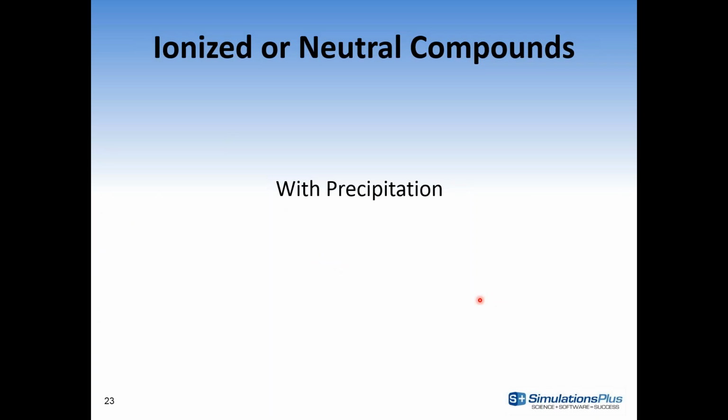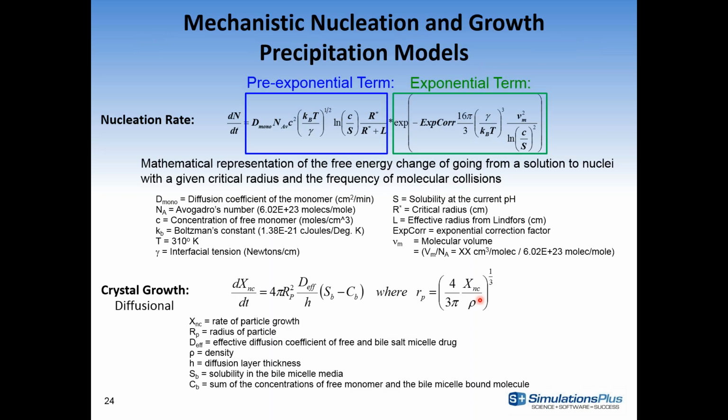So next we looked at one where it's going to precipitate and it's relevant to the in vivo situation. To do this, we're going to use the mechanistic nucleation and growth precipitation model. The nucleation rate is going to be calculated based on the equation shown above, and so we sort of lump this into the pre-exponential and exponential term, but it's really all just a mathematical representation of the free energy change going from a supersaturated solution to a nuclei of a given critical radius.